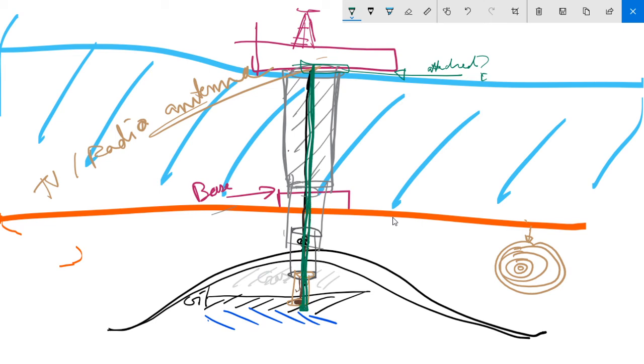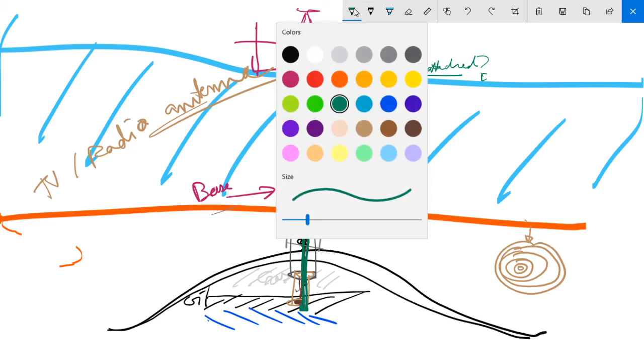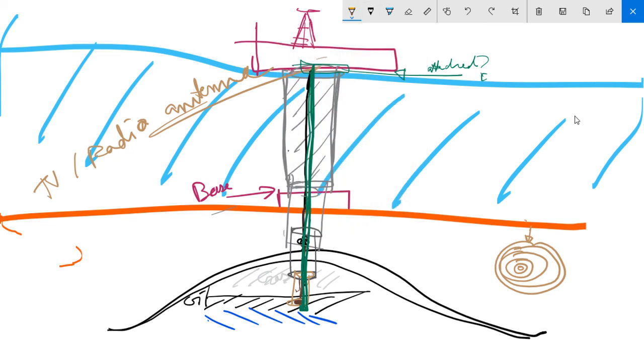What is the pressure in here? It is the atmospheric pressure, nearly 1 atmosphere. But can you imagine the pressure in here?